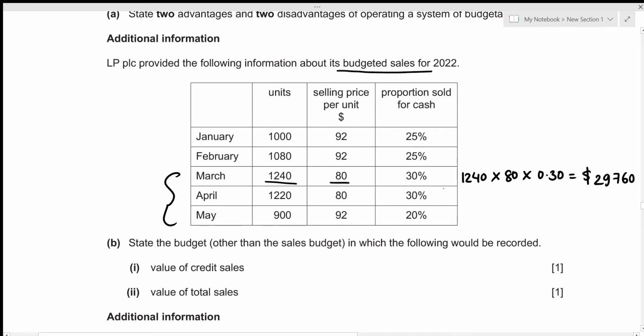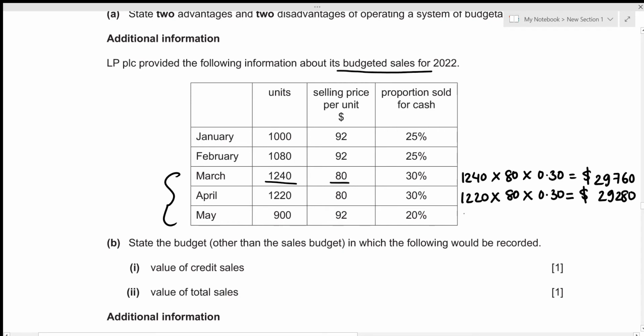Now we repeat the same process for the month of April and May. For the month of April, we have the total number of units to be 1,220. We have the selling price of 80. And the proportion for cash sales is 30%, so we can write it down as 0.30. This gives our total cash sales for the month of April to be 1,220 times 80 times 0.30, which is 29,280. We repeat the same process for the month of May.